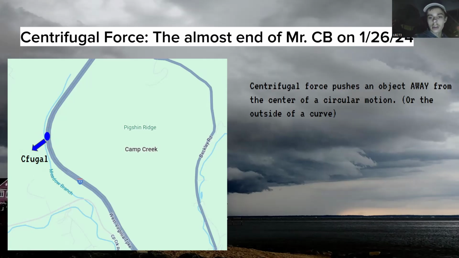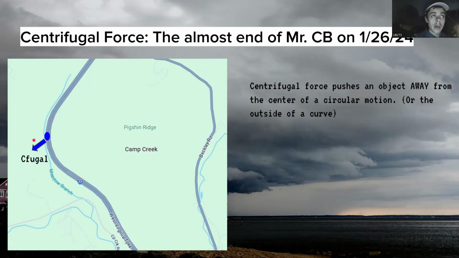This is a force that pushes an object away from the center of a circular motion. If you can imagine this is a circle, this is the center, and so this is pointing away. So the centrifugal force was like, hey, how about you almost go off this cliff? It's always toward the outside of the curve. It pointed that way. So I was going here, and it was trying to make me go this way.